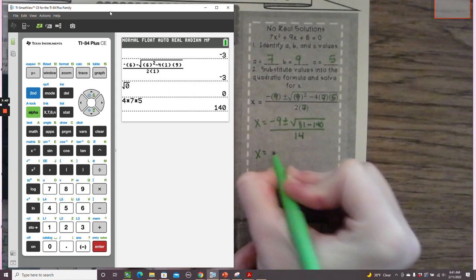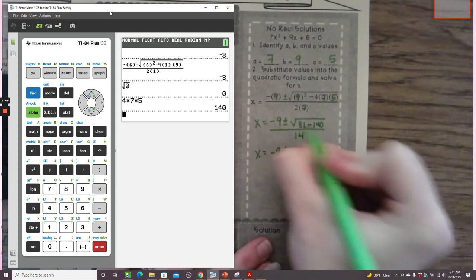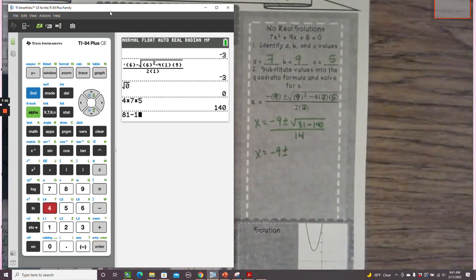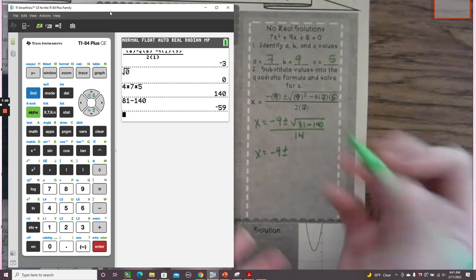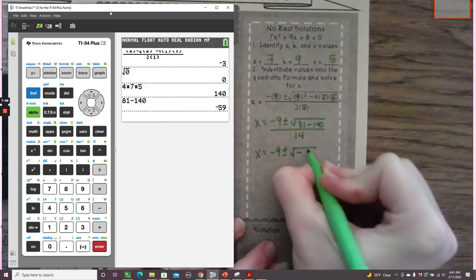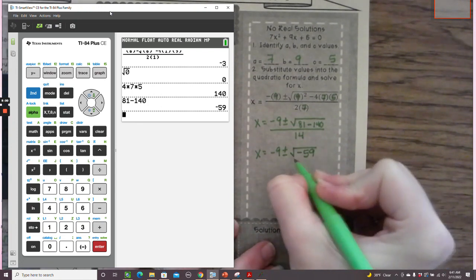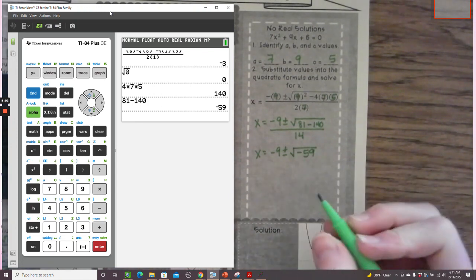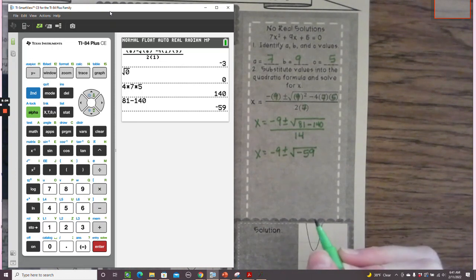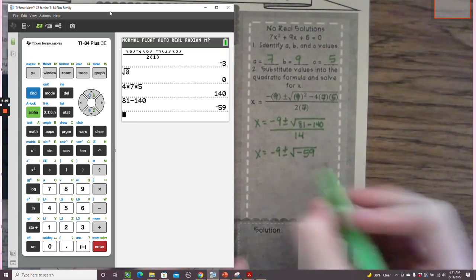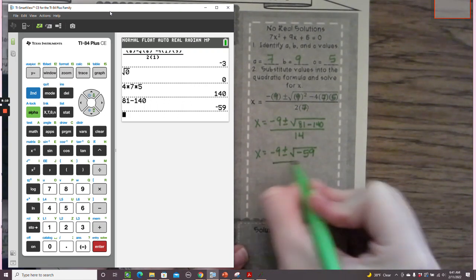All right, x equals -9 plus or minus 81 minus 140. Here's where you can tell that it's no solution. We cannot square root a negative number, -59. What that leads to is called no real solutions. There's a solution, but it's not a real number. And so this is over 14.